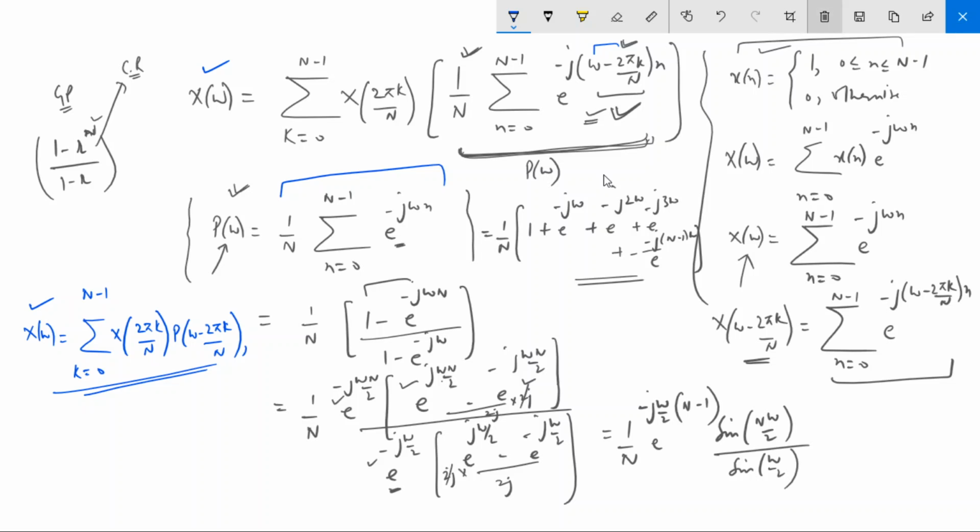And if you interpret this equation, X(omega) is equal to the summation of k from 0 to n minus 1, X(2 pi k by n).